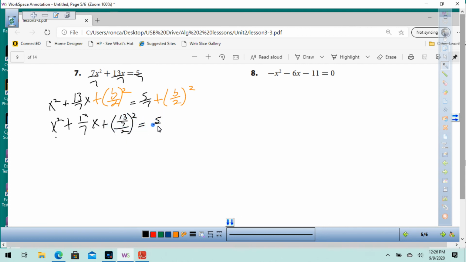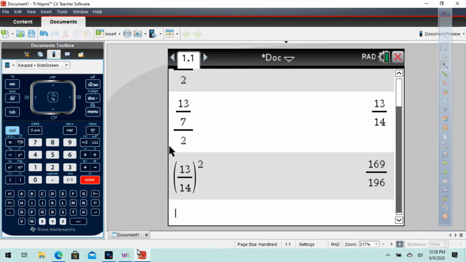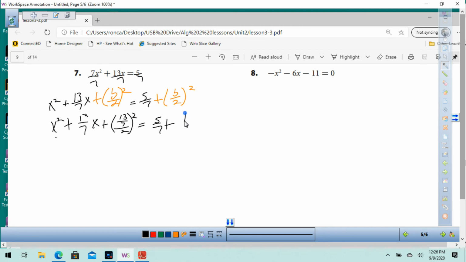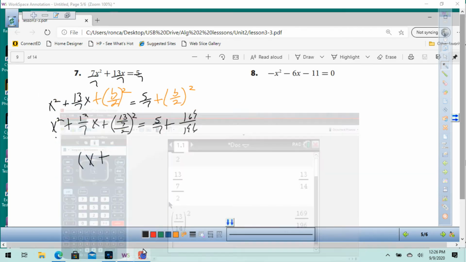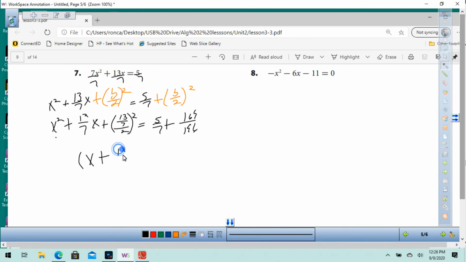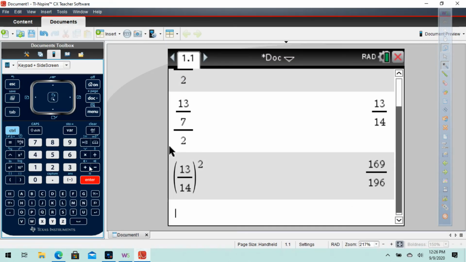That's going to be 5/7 plus, and then what did that turn out to be? 169 over 196. So this is going to be x plus, and 13 over 7 divided by 2 is 13 over 14. 13 over 14 squared equals, and then plus 5 over 7.